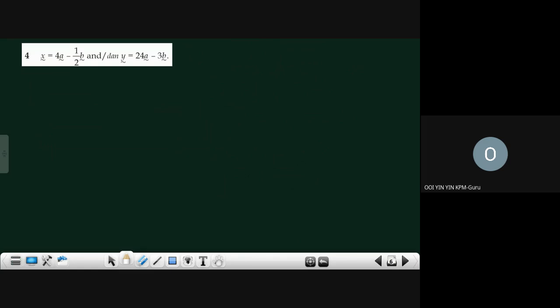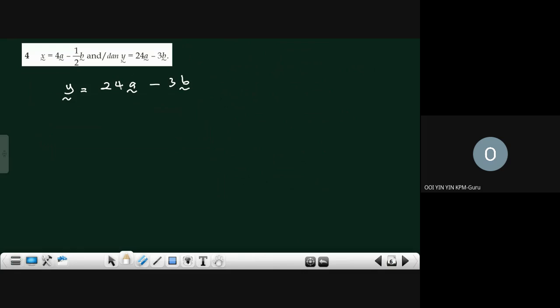Which one do we start with? Here also there is a fraction and a bigger number, so choose the one with the bigger number, that's 24 here. So we start with y equals 24a minus 3b. You think like this: 24, how can I factorize it so that I will have 4a?